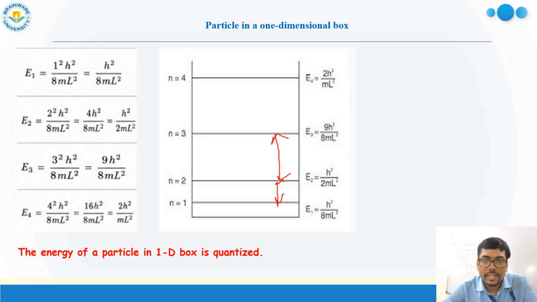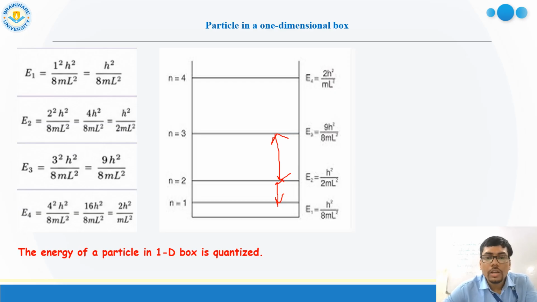That is basically energy transfer in a discrete way, which I have already told you. That is the basic assumption of quantum mechanics. So you can get different energies for the different levels, and you can easily observe that with increasing n value, energy increases.